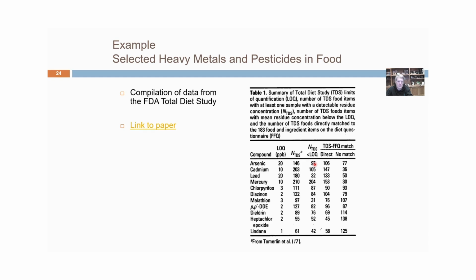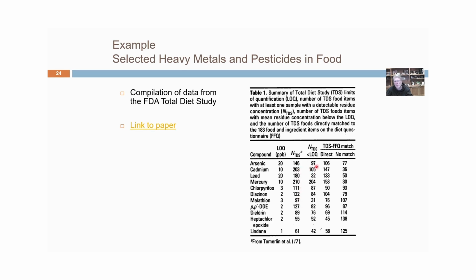So in 97 out of a total of 146 foods that were analyzed, arsenic was not found. So 2/3, right? Cadmium, 105 foods did not contain a quantifiable level of cadmium out of 203 total foods.